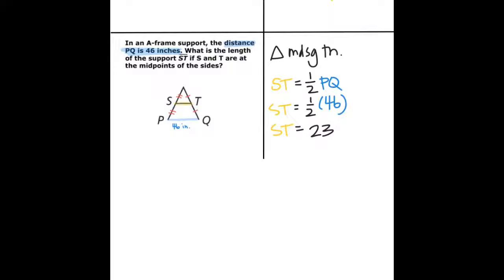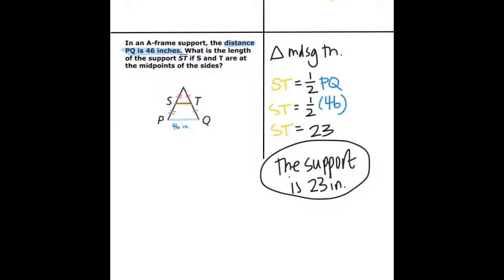Our final answer, if we were doing a test, would probably be the support is 23 inches. Since this is a real world problem versus something where it's just asking about segment ST, we would answer with a full sentence.